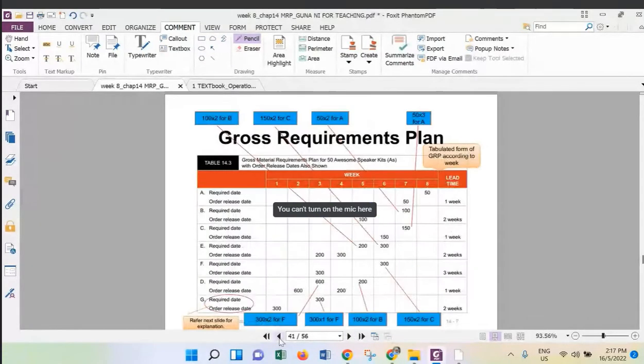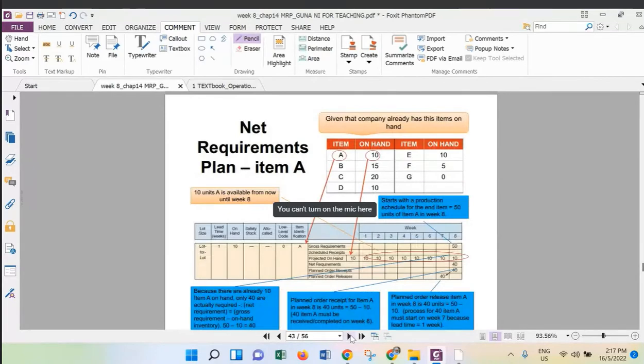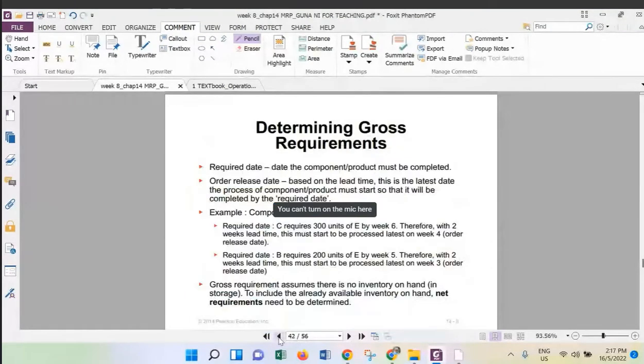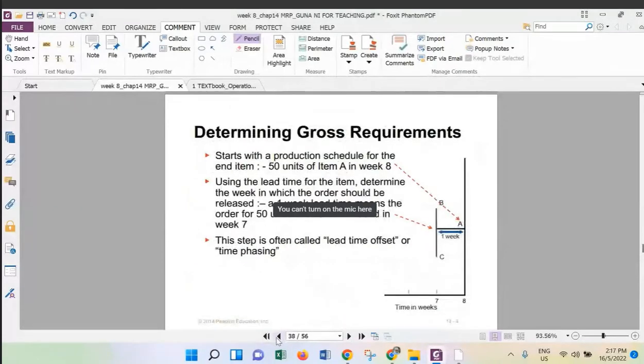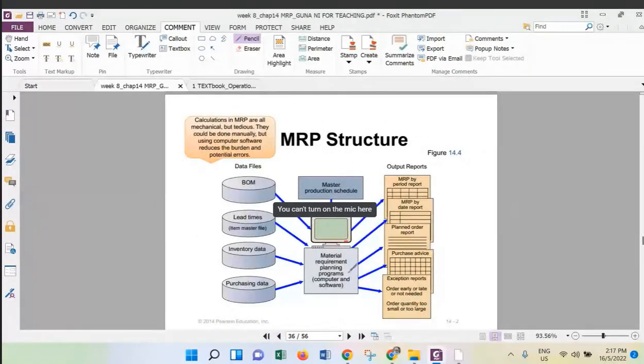Alright. So MRP always starts off with a gross requirements plan dan seterusnya dia akan pergi kepada net requirements plan. Jadi sebelum tu kita nak tengok, for MRP, what are the input? So MRP requires bill of material data, lead times, inventory data, and purchasing data.